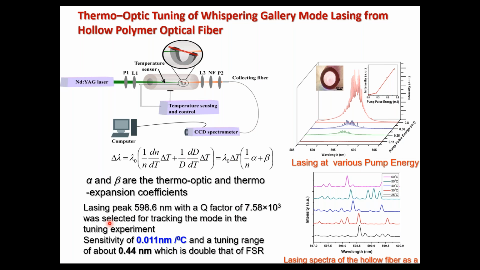So the lasing peak at this particular wavelength with a Q factor of 7.5 times 10 raised to 3 was selected for tracking the shift in the mode in this tuning experiment, and the sensitivity was 0.011 nanometer per degree Celsius, and the tuning range obtained was about 0.44 nanometer, which is almost double the free spectral range.